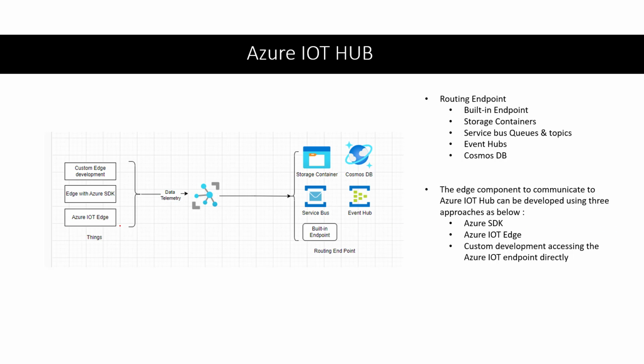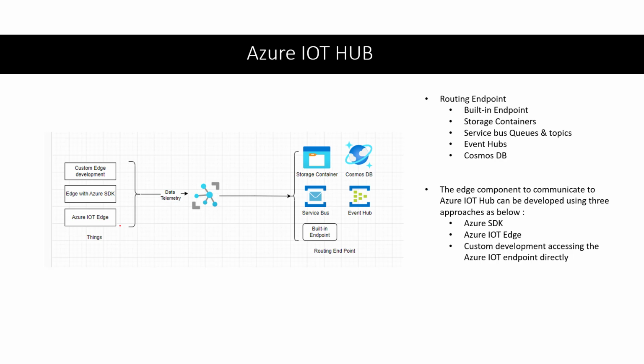Some people say that they don't want to use any of the helpers or SDKs provided by Azure, so that if they want to shift from Azure to some other provider, they could do it quickly. Those kinds of use cases are handled by custom edge development.